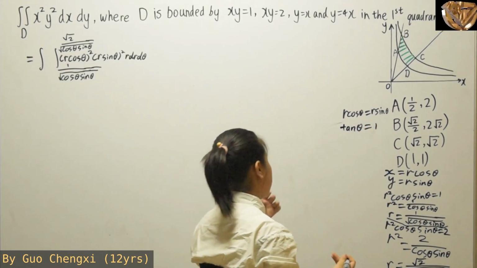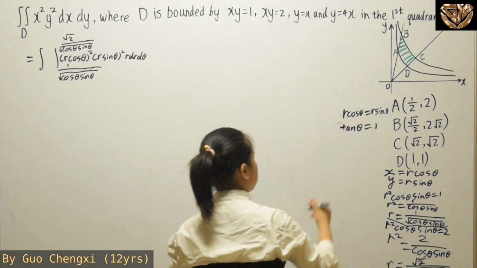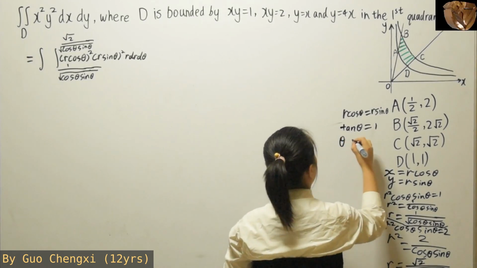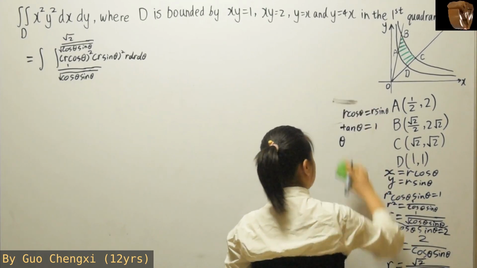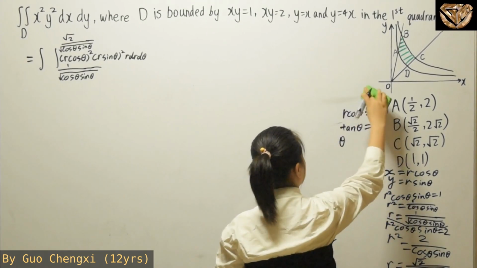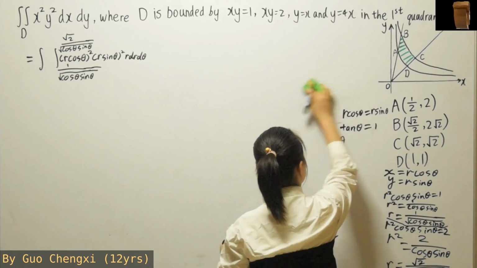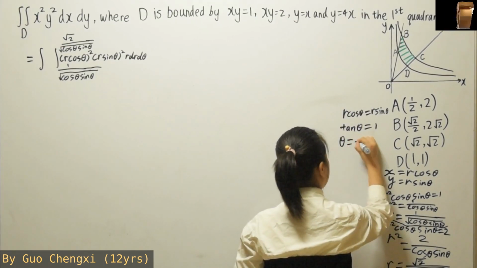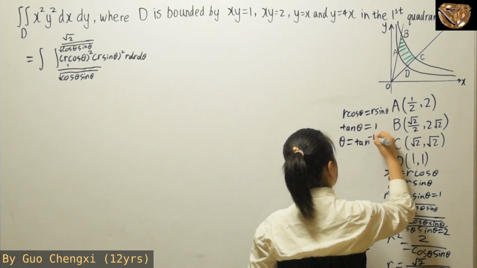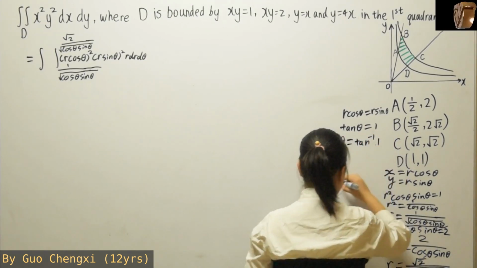What we're trying to find is theta, so theta for y equals x will be inverse tangent 1.